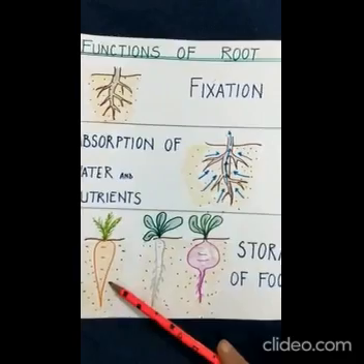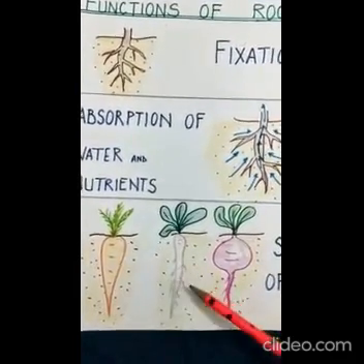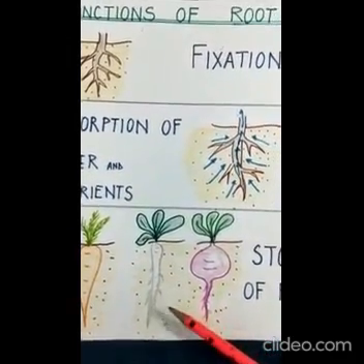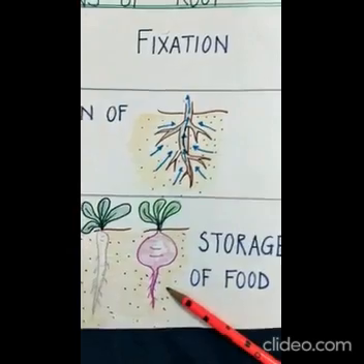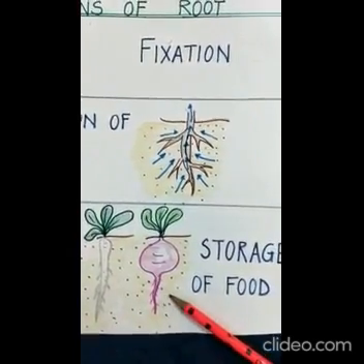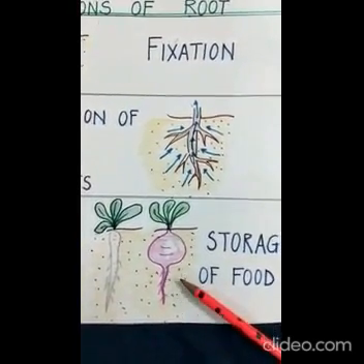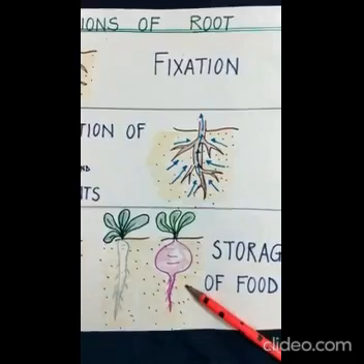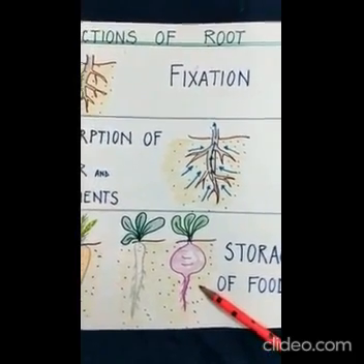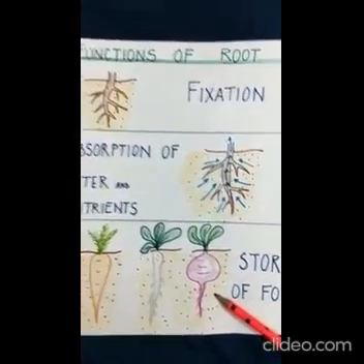This is carrot. This is radish. And this is beetroot. These are the examples of roots that store food and become thick and fleshy. And these roots can be eaten by us.